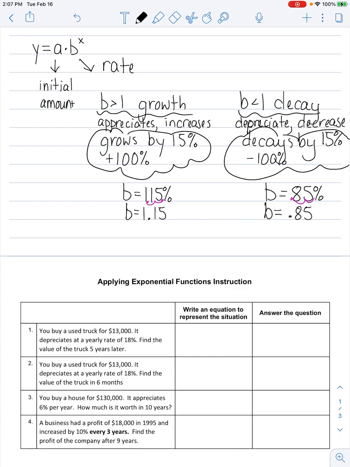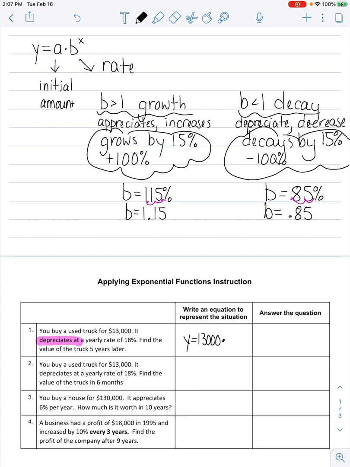Now let me show you how we use this. Take a look at number 1. You buy a used truck for $13,000. It depreciates at a yearly rate of 18%. Find the value of the truck 5 years later. So first we're going to write an equation. y equals, what was our initial amount? $13,000 times what's our growth rate, or actually our decay rate. Well, watch this.